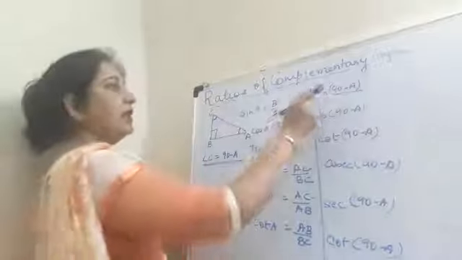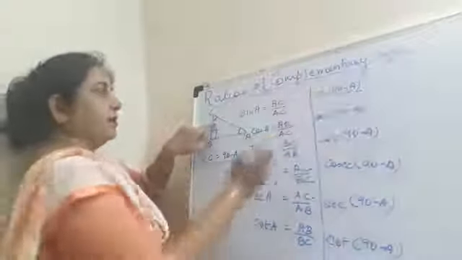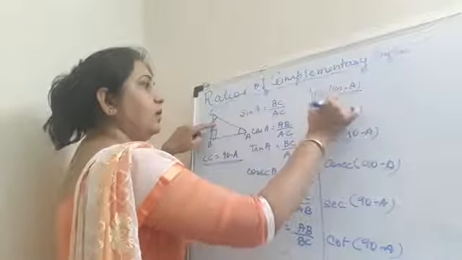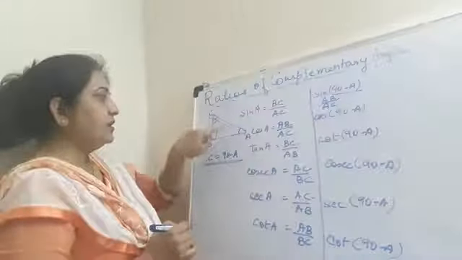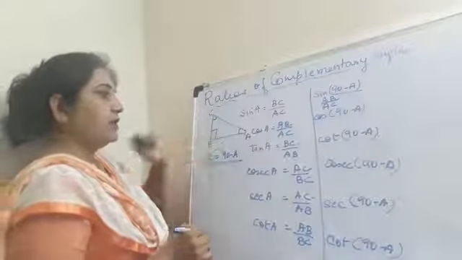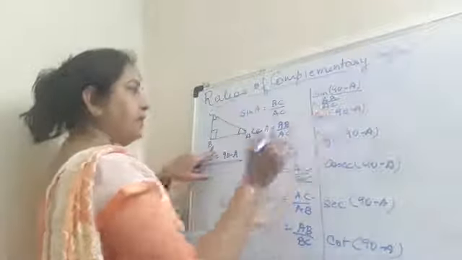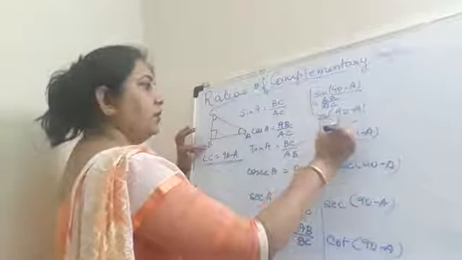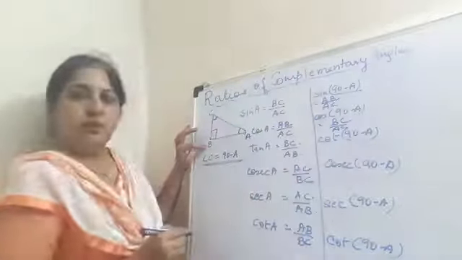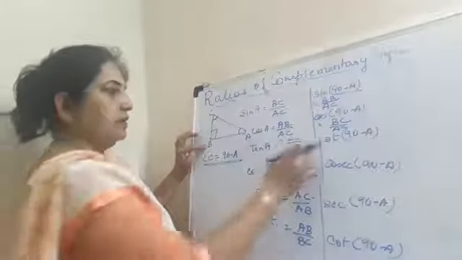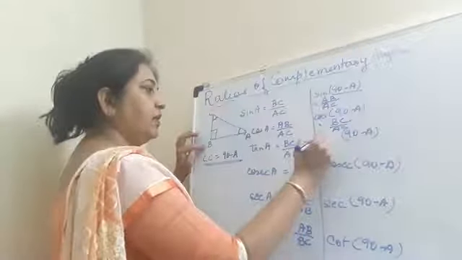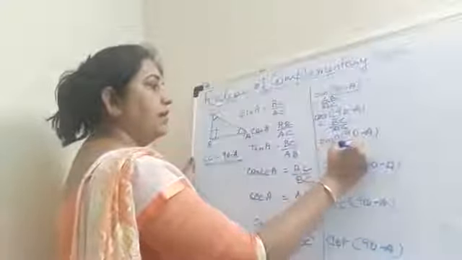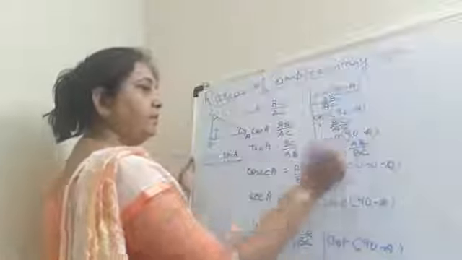Okay, now sine 90 minus A, so focus on C. Sine 90 minus A is equal to AB upon AC. AC is the hypotenuse and this is the opposite side. Cos of 90 minus A is equal to BC upon AC, right? Tan 90 minus A is equal to AB upon BC.